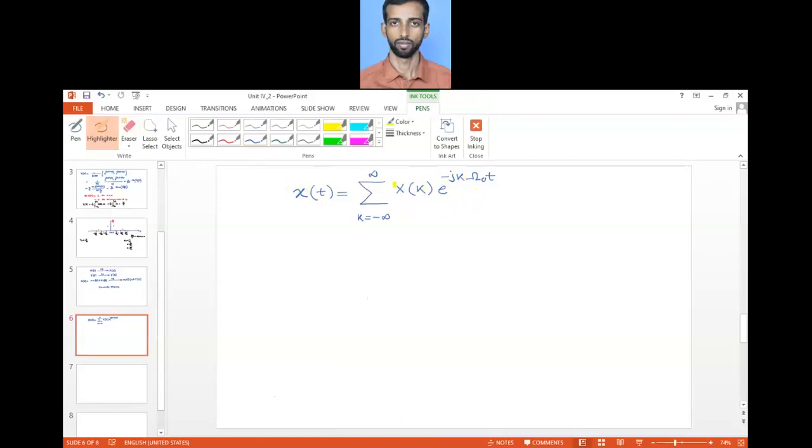Otherwise, if the x k are real, then obviously real multiplied with complex cannot give you real on the left hand side. So remember that even if the signal x of t is a real signal, the corresponding Fourier coefficients can be complex as well, right?